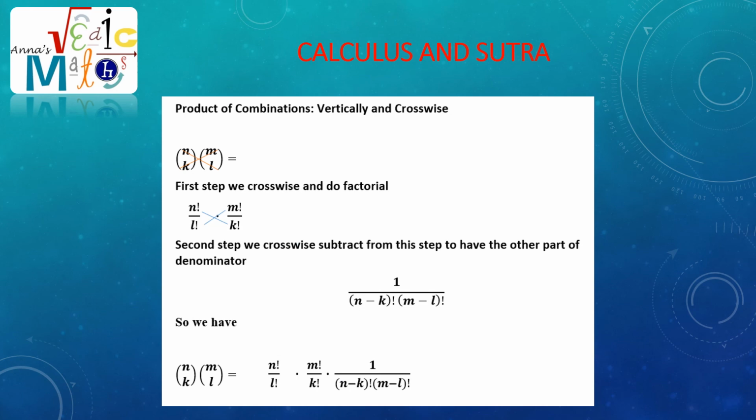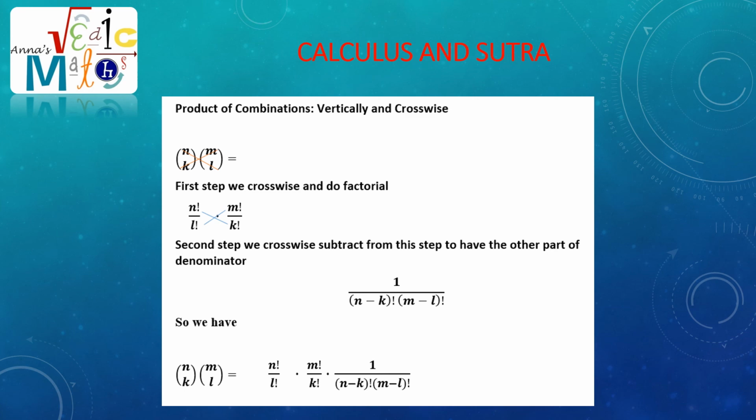For the factorial product of combinations, we use the sutra vertically and crosswise. The combination of n elements taken k at a time multiplied by the combination of m elements taken l at a time: first we crosswise and do factorial.